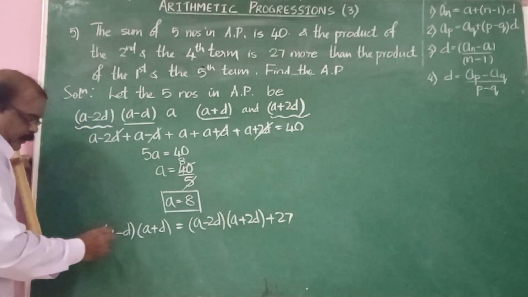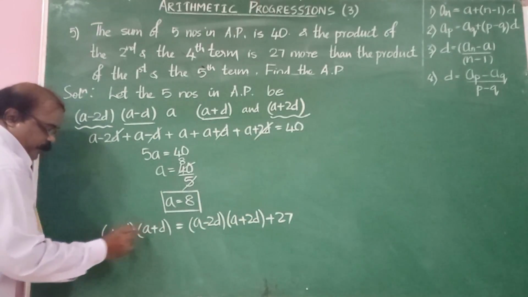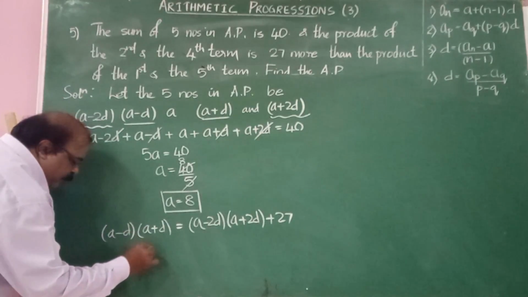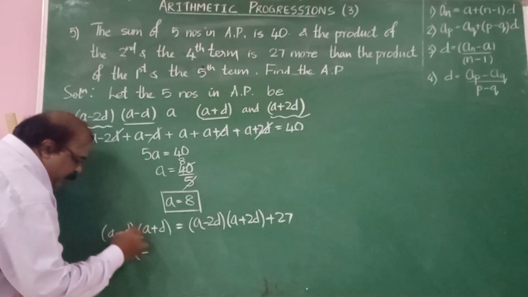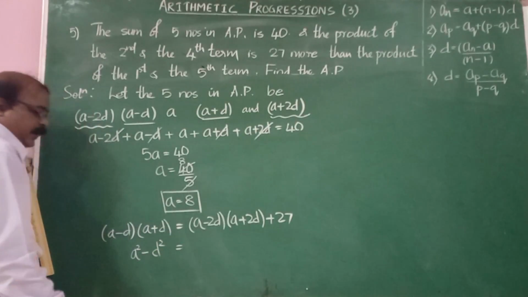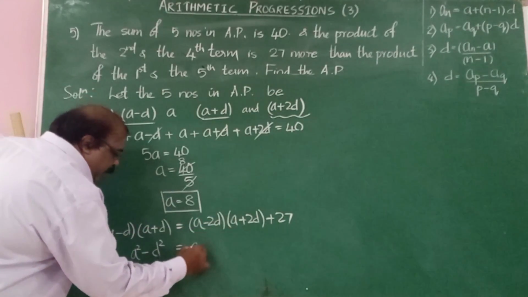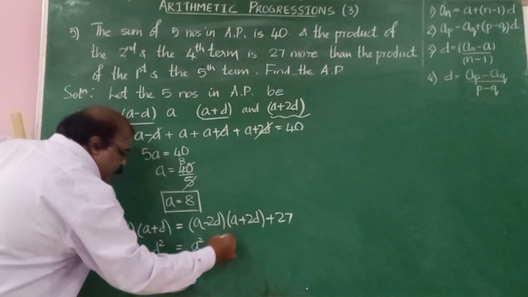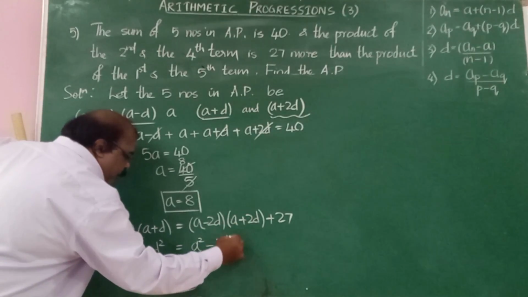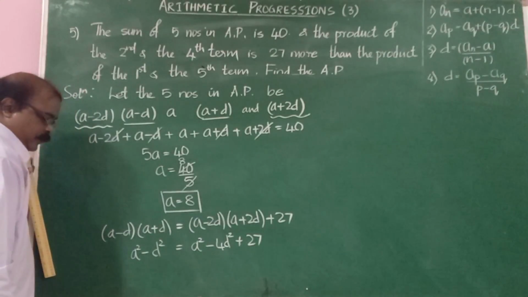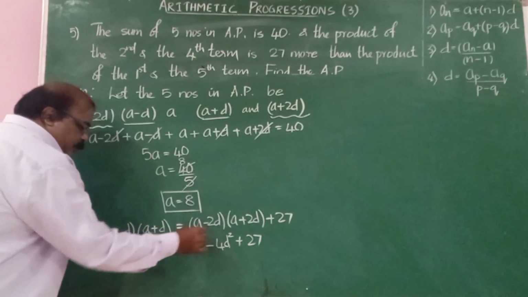So I get an expression here of the form A plus B, A minus B: A square minus D square is equal to A square minus 4D square plus 27.